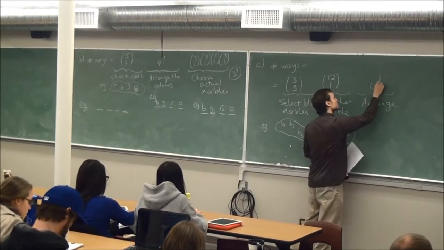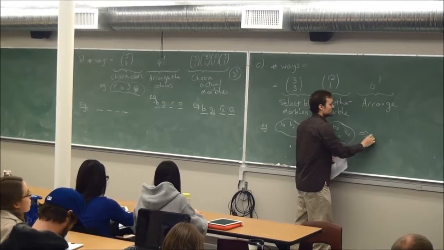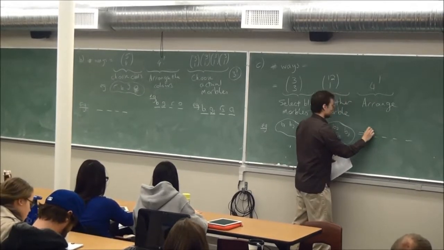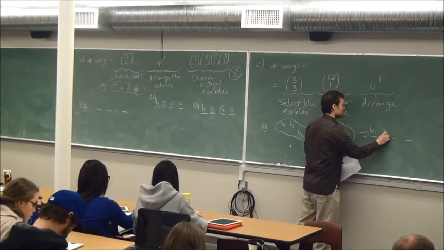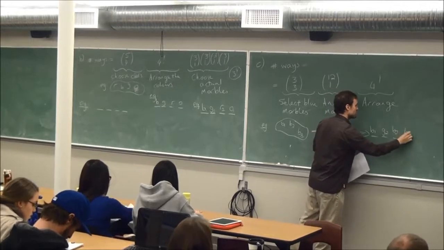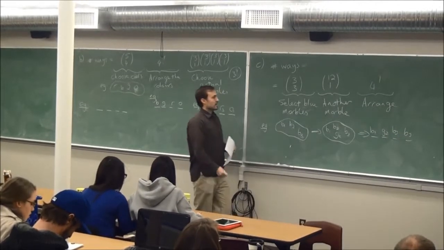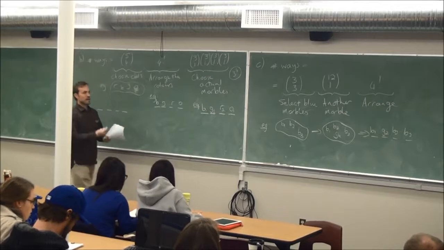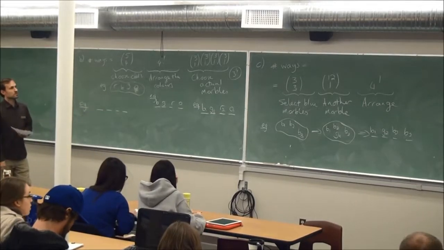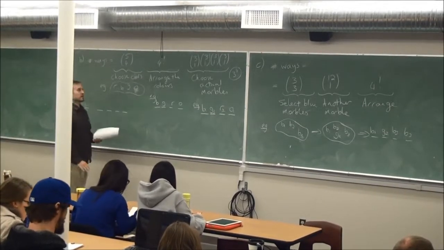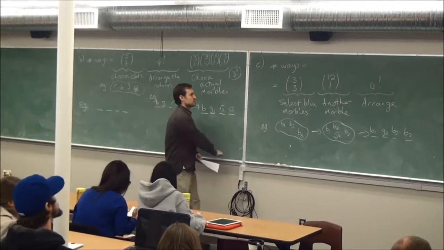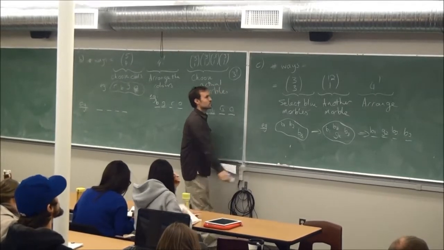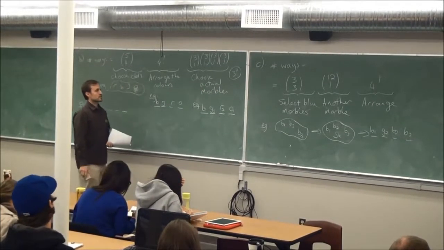I have 4 things. I want to arrange them. Let's say blue 1, green 2, blue 3, blue 2. And I've updated my example to the point where I have an arrangement of 4 marbles. That's what I'm looking for, so I know that I'm done. So 3 choose 3, 12 choose 1 times 4 factorial, and I'm done.